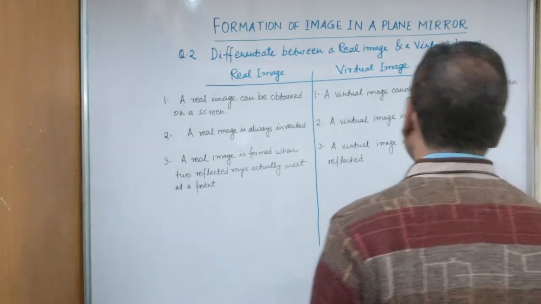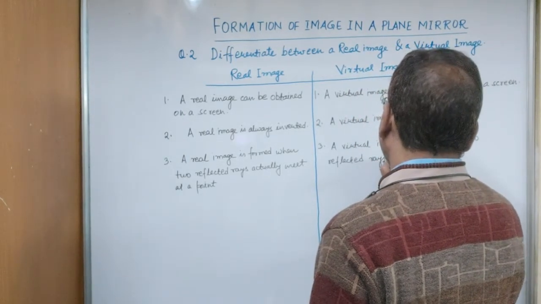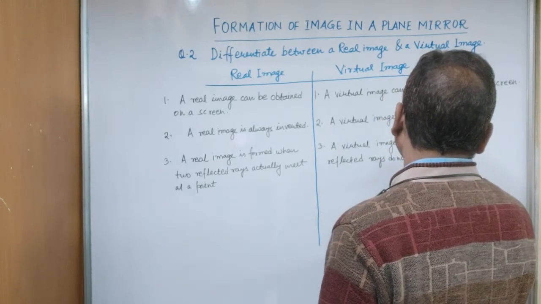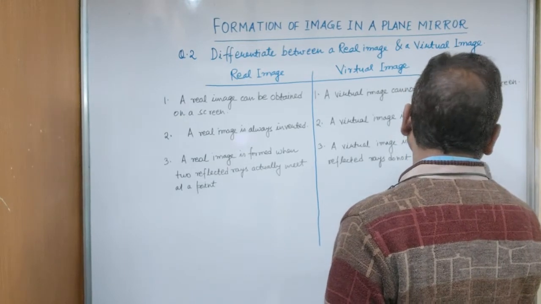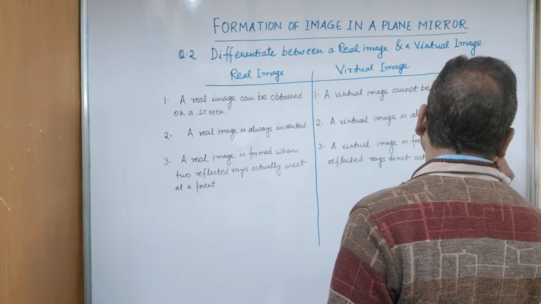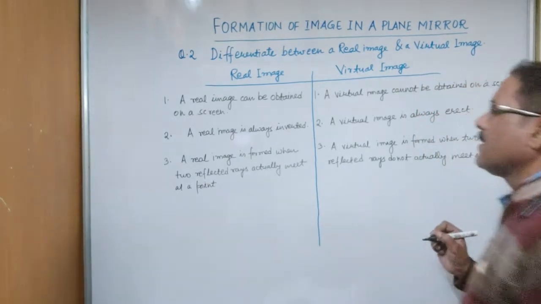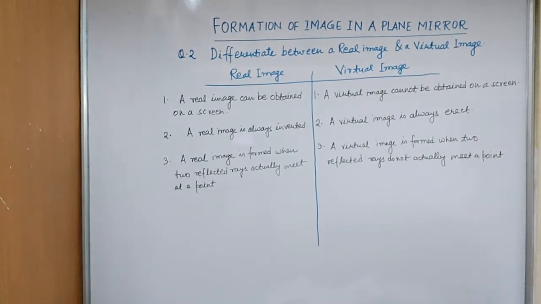So a virtual image is formed when two reflected rays do not actually meet at a point. So these are the basic differences. You must remember these differences.